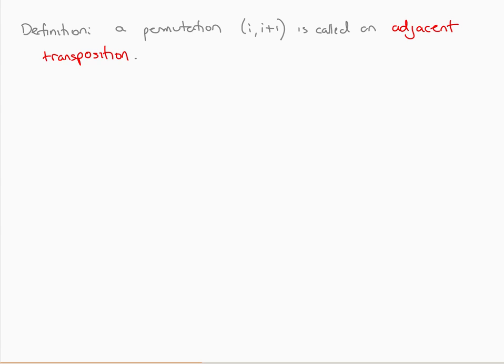So why are these things useful? Well, the reason is their action on a certain object which we're about to meet is rather easy to understand, and it's a fact that every permutation can be written as a product of adjacent transpositions. In fact, even better than this, every transposition can be written as a product of an odd number of adjacent transpositions. And let's see why this is.